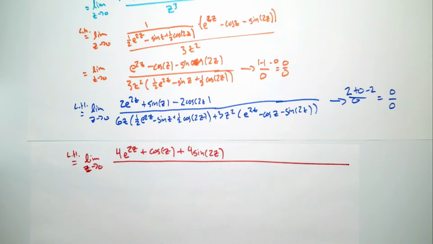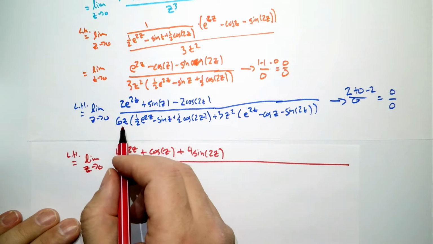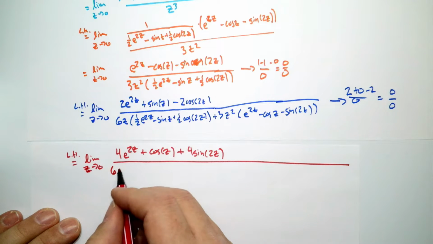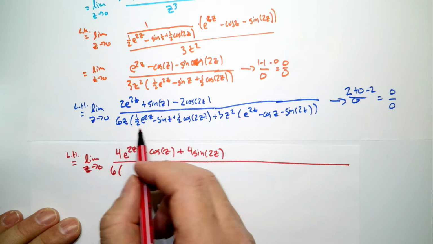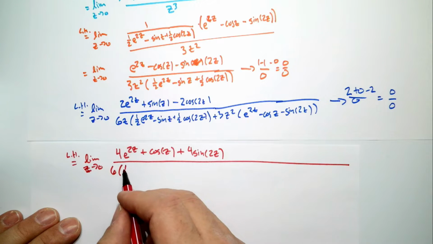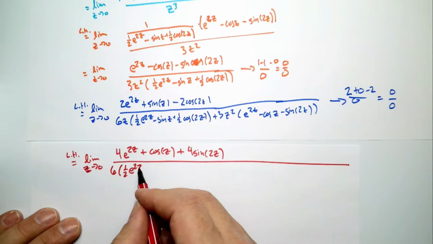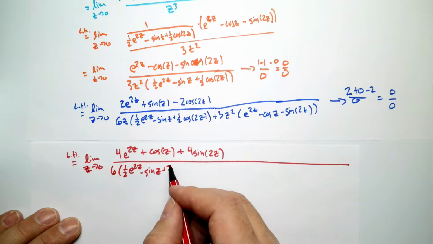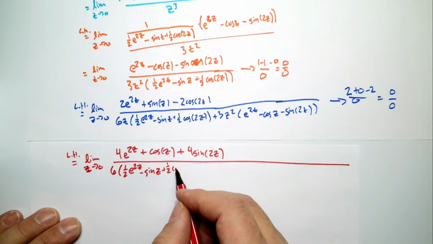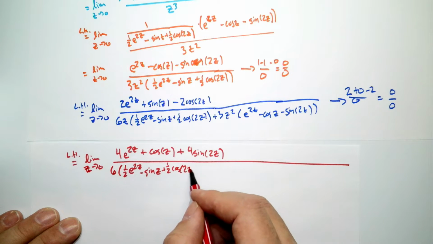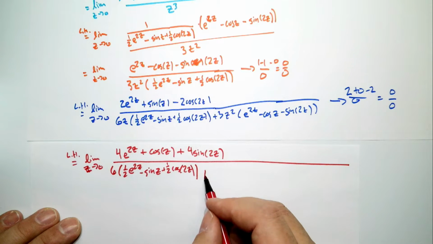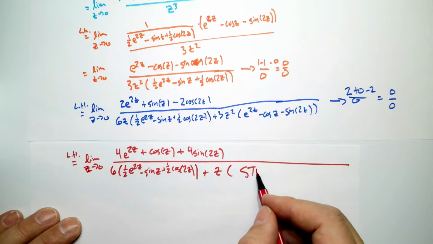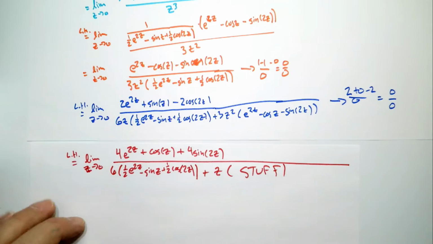Okay. A lot of stuff. Derivative here is going to be 6. Derivative of 6z is 6. Then this piece here. And now, at this point, you're probably thinking he's not going to have enough space on his page. And you're right. Plus z times stuff. Okay, in the interest of time.